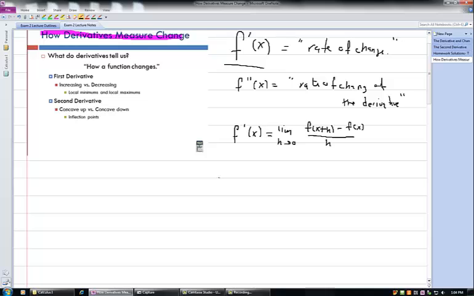Right, so let's go back and remind ourselves that a function can change in a number of ways. It can either increase or decrease. So that means it can go up or it can go down.